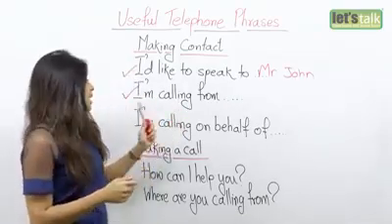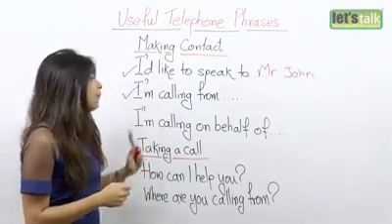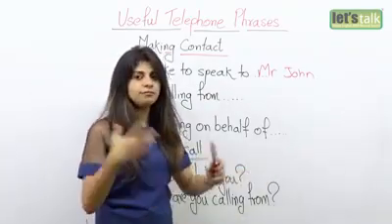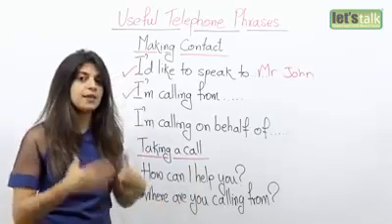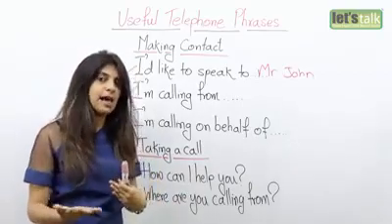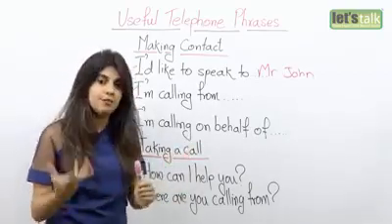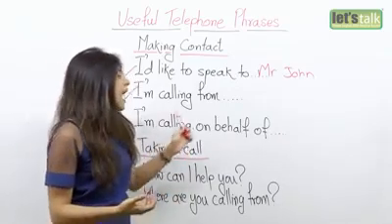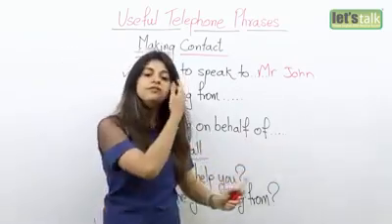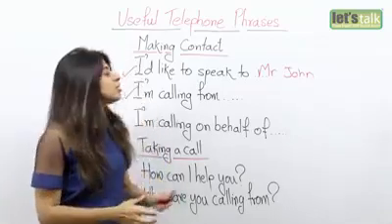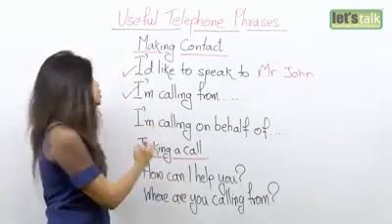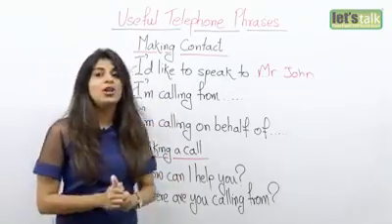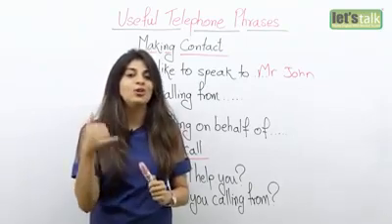Another one is, I'm calling on behalf of Mr. John. Okay, so you have called the company and you are again giving out some information. You're going to say, I'm calling on behalf of Mr. John. So these are certain phrases that you can use when you are the caller, when you are the one who's making the call.